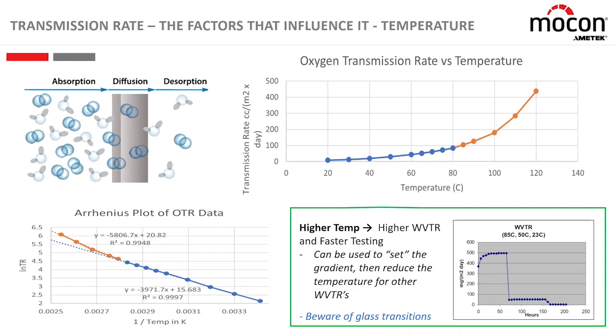So the strategy of using high temperatures and maybe even multiple temperature points is pretty unique, not something you'd do with everyday permeation testing, but within electronics and these high barrier samples, it is a common and neat tool to utilize. The only caution here is to beware of glass transitions or materials that might change, so you don't take them too high when you're setting that gradient and end up changing the material.